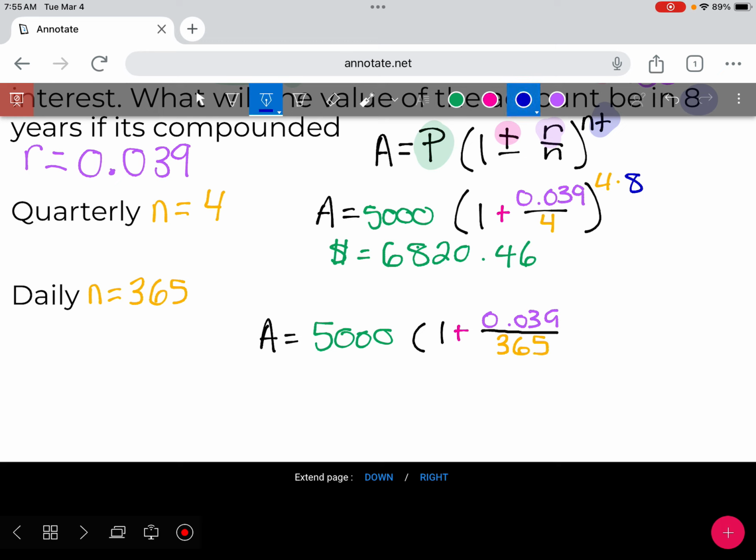365. What's going to be different on this one? All the other pieces stay the same. The only thing that's changing is our compounding factor. I don't know if I like the decimal amount, so I'm not going to write it.